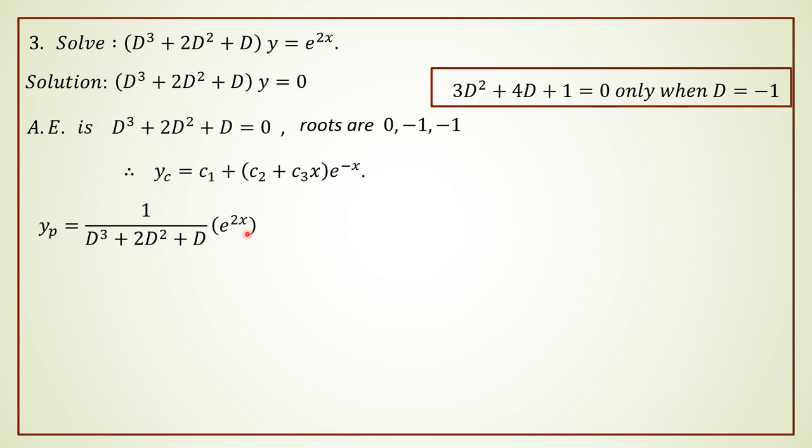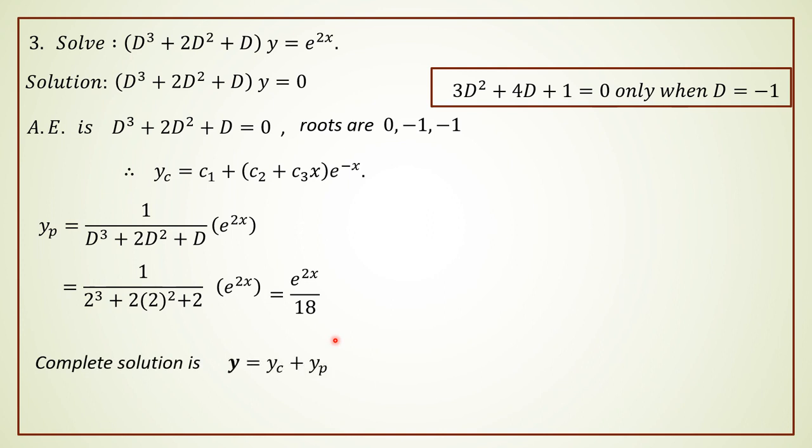The coefficient of x is 2 over here. So replace your D by 2. So it becomes 1 by (2 cube plus 2 into 2 square plus 2) into e to the power 2x, which is equal to e to the power 2x by 18. So the particular integral of the above non-homogeneous differential equation is e to the power 2x by 18.